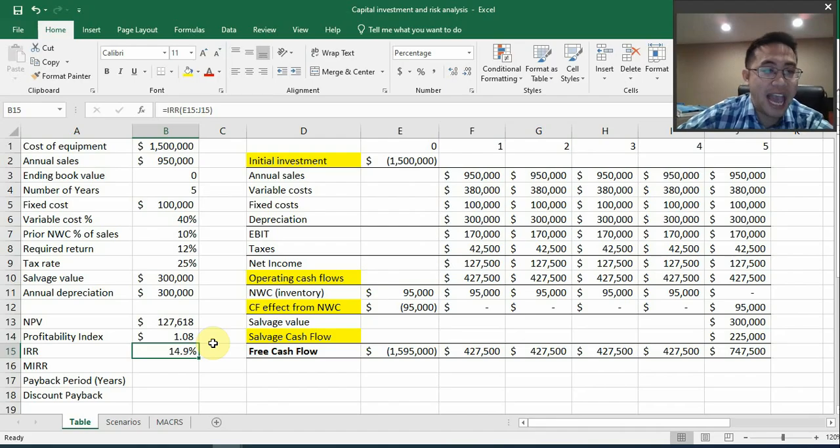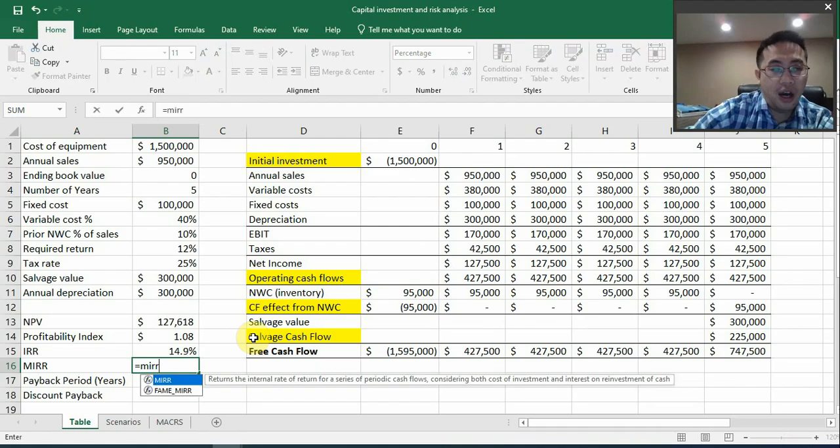That means on average each year, this project will get you 14.9%, roughly 15%, as a return. And this return is higher than the required return based on your cost of capital. If you pay the bank 12% each year and you can make money with 15% each year, that's a good deal for you.